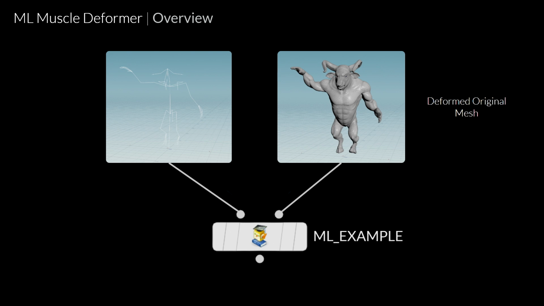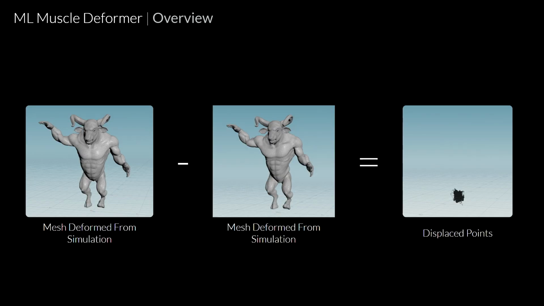However, if we were to run all the points on this character times 16,000, that's because 16,000 is how many poses we have. That's going to be a lot of data, and it's going to be really, really slow to train our model. So there's a few ways we can avoid this. We can first optimize the training data by extracting only the points for the ML training that are necessary.